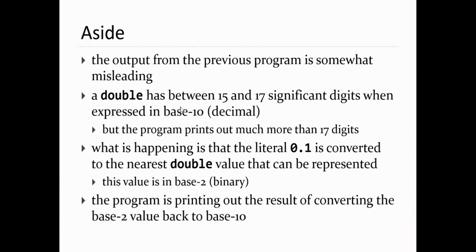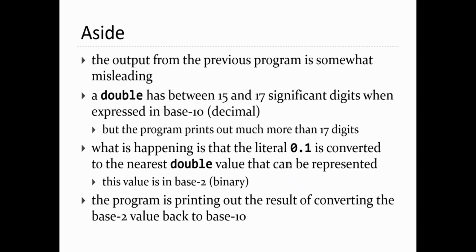A double has somewhere between 15 and 17 significant digits when expressed in base 10, so in our ordinary number system. But when I printed that out, there was way more than 15 or 17 significant digits. I think there's something like 64.